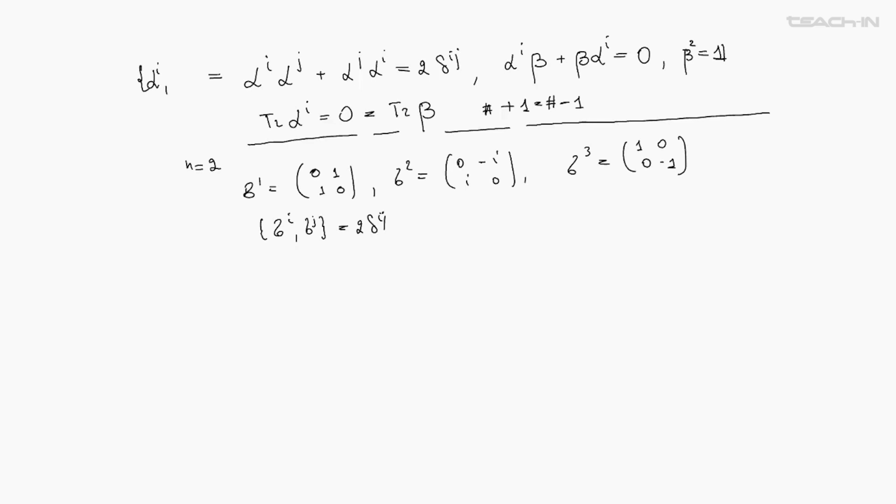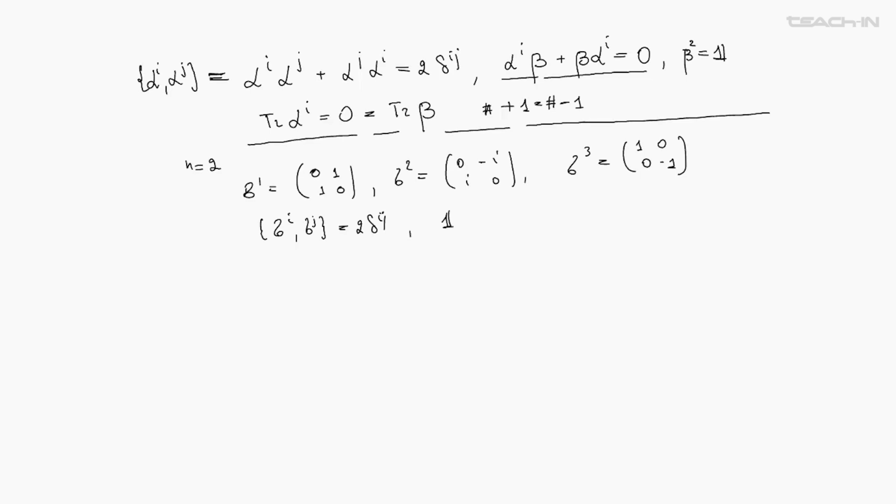However, in 2 dimensions, the fourth independent matrix would be just the identity matrix. But unfortunately, this cannot be identified with beta, because the identity matrix would commute with Pauli matrices, while we should have a non-trivial relation between sigmas and matrix beta, which is not just a simple commutation relation.